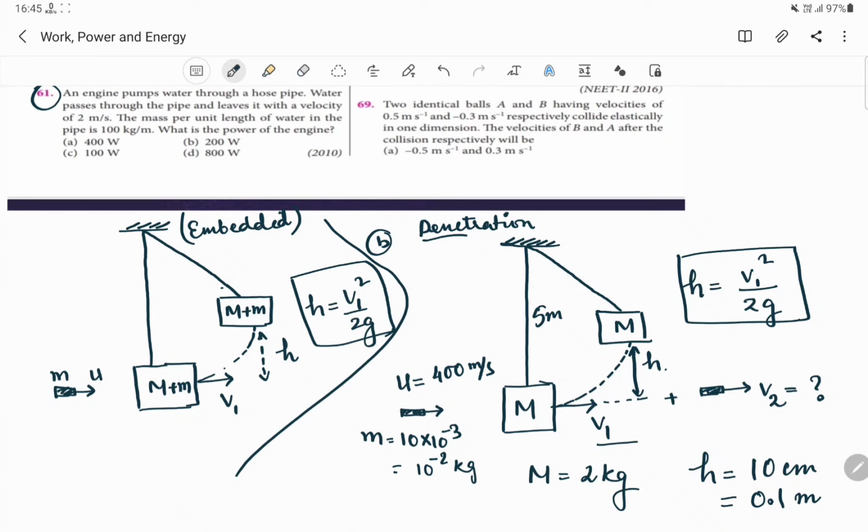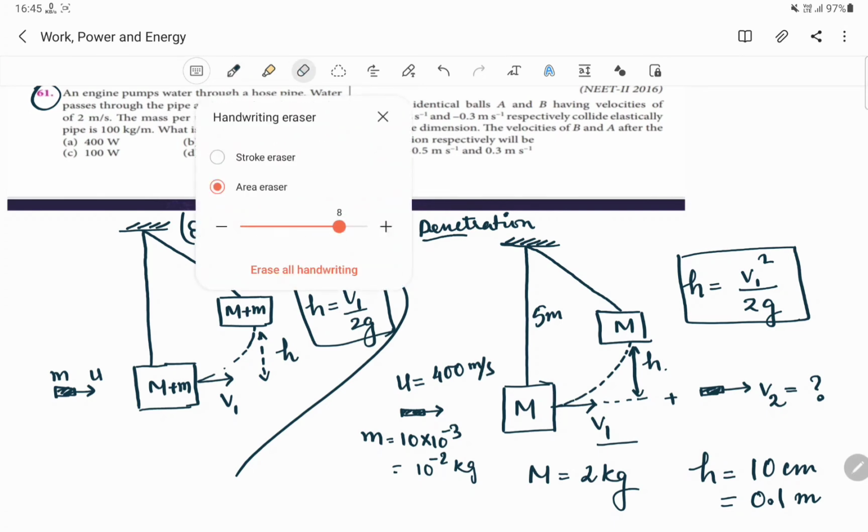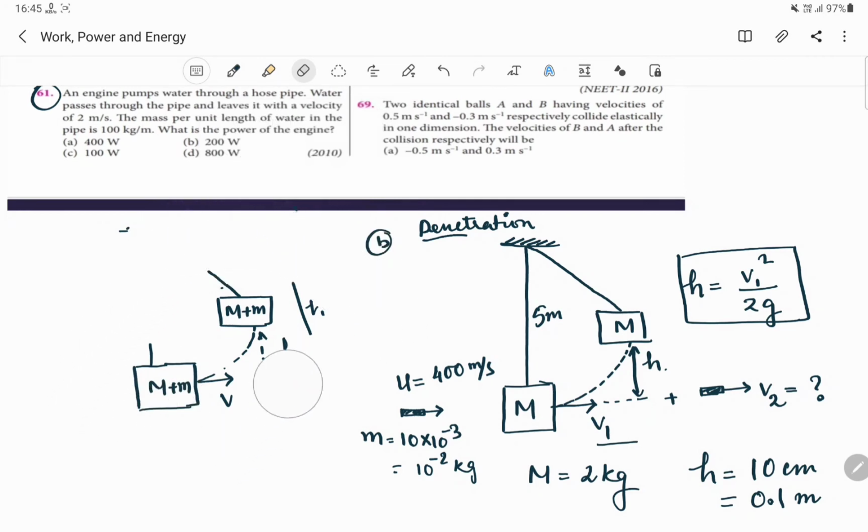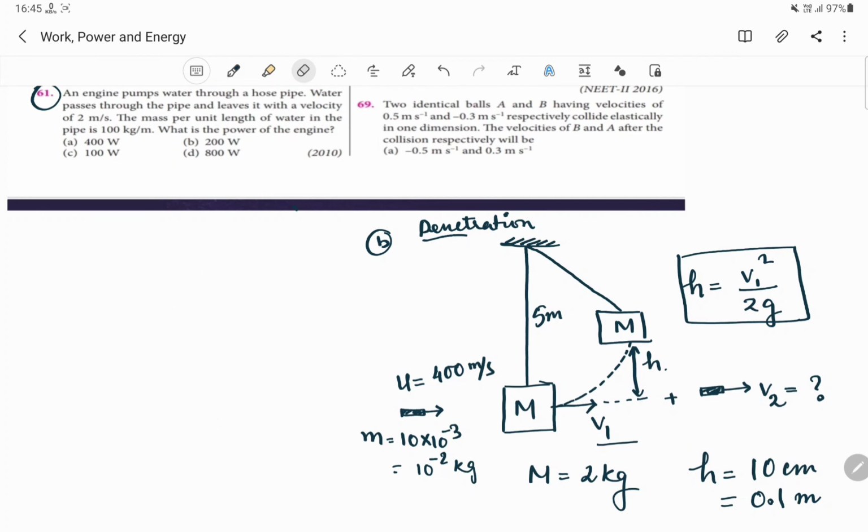Both these cases will be solved by using conservation of linear momentum. Let me erase this portion first. Question number 68.